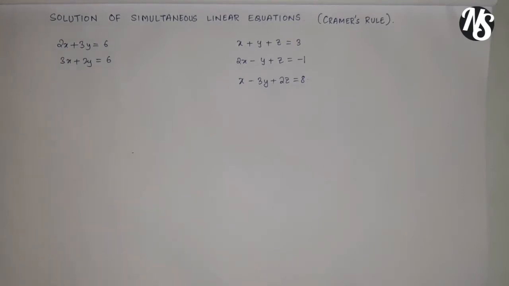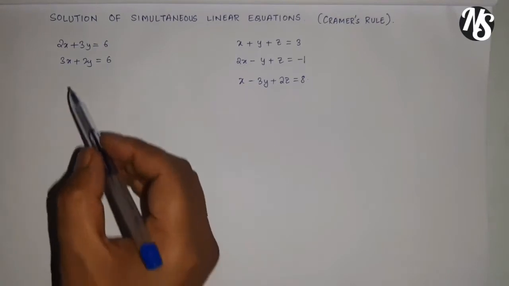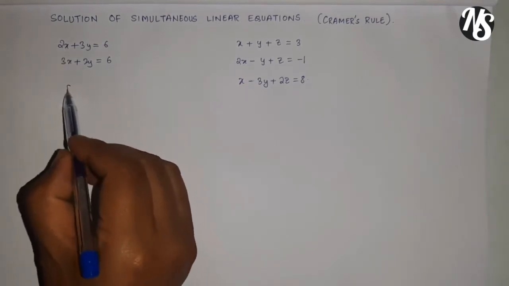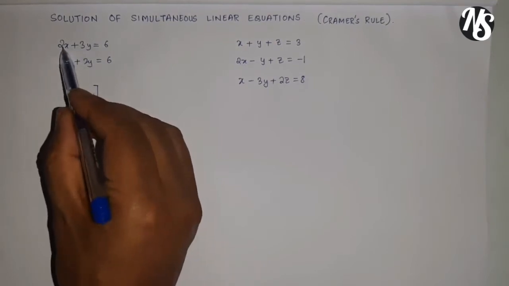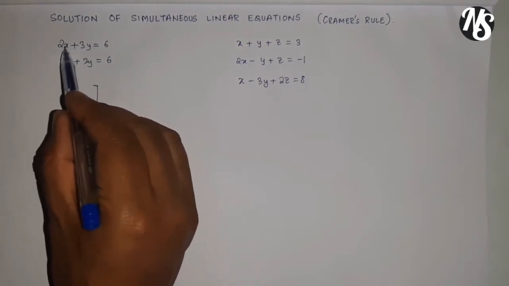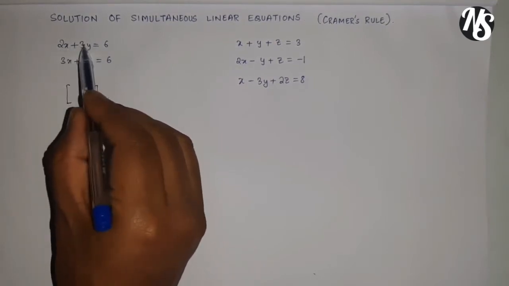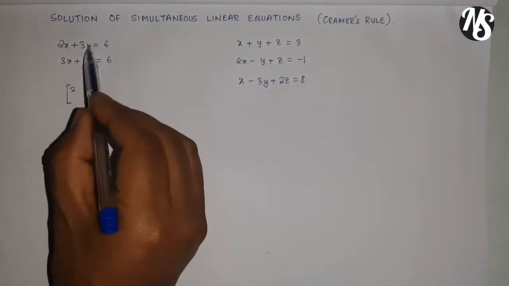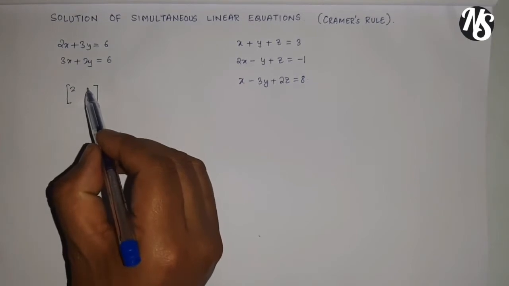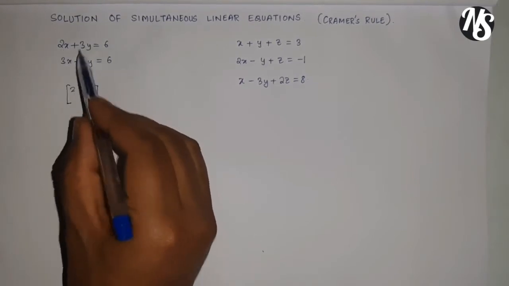Now, as per Cramer's rule, what you need to do is, see here very carefully, all these coefficients are there, right? So all these coefficients, that is 2, 3. The coefficients of the first equation are written as the first row of the matrix, that is 2 and 3.